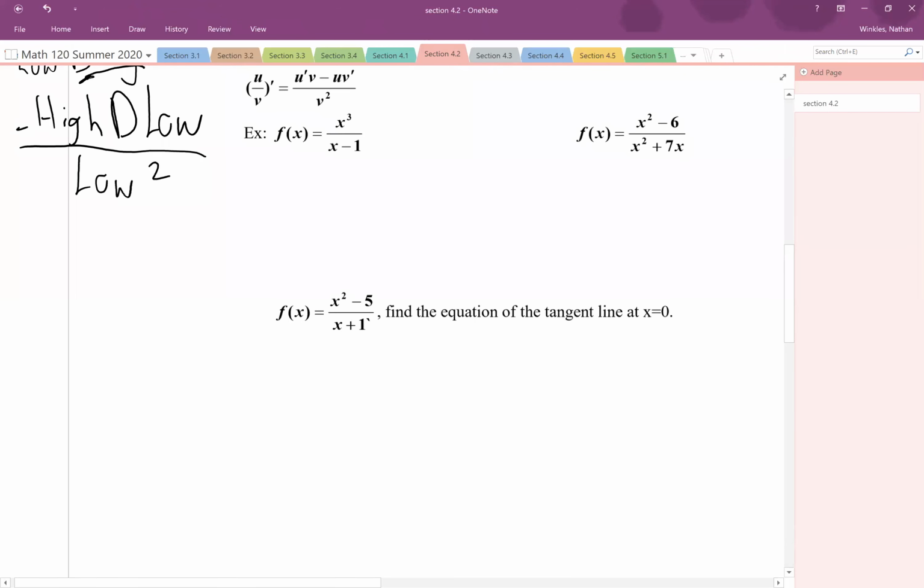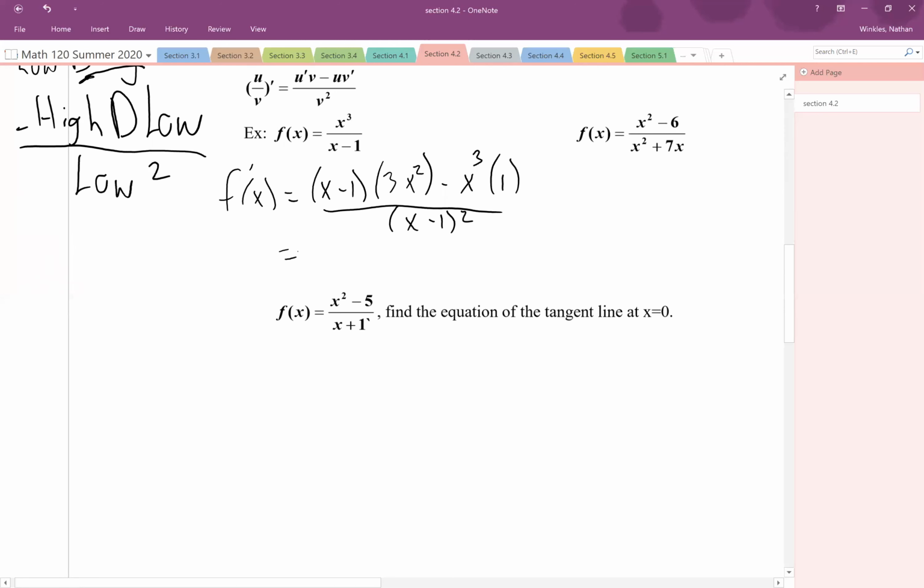So for this first one, x cubed over x minus 1, f prime of x is equal to low, which is x minus 1, d high, minus high d low, over the bottom squared.